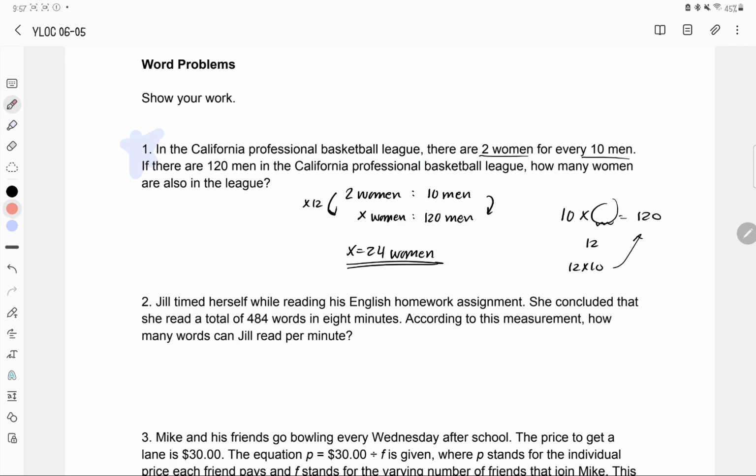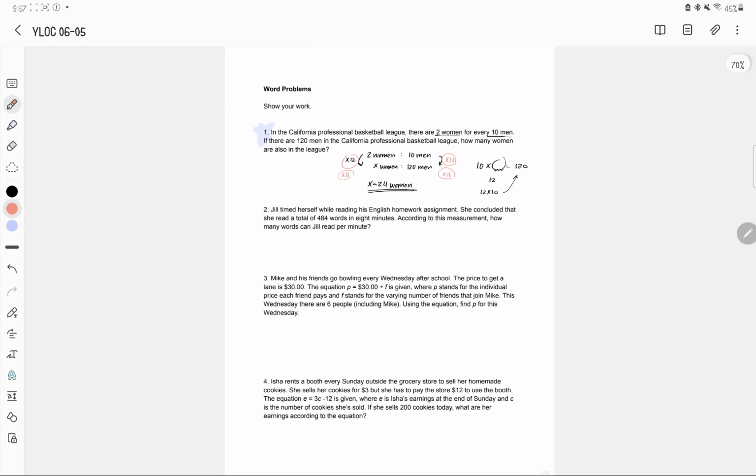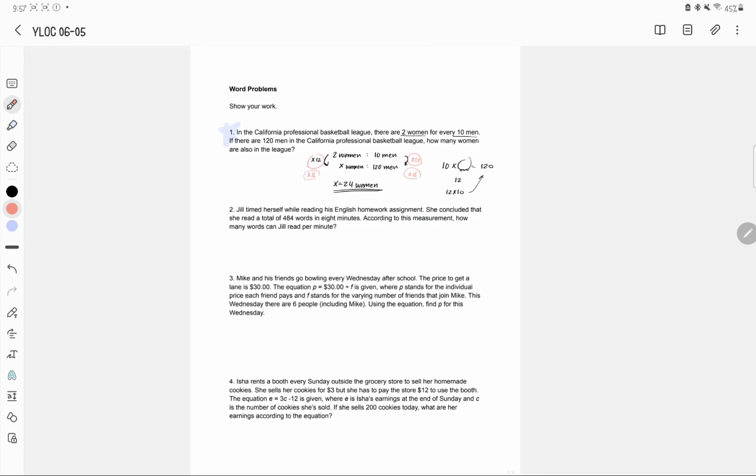And this explains the basic concept of ratio, because if you multiply a number, you have to do it on the other side too. If you were to multiply by 16, you have to multiply by 16 over here too. So I hope you can do number 2, 3, and 4.